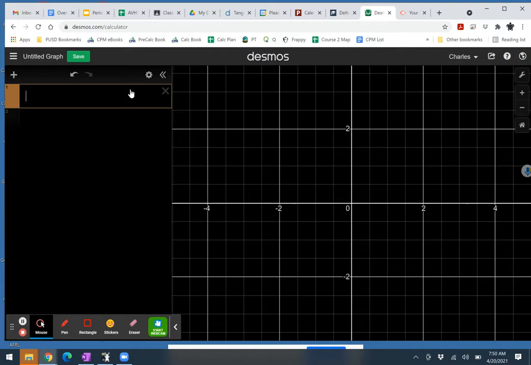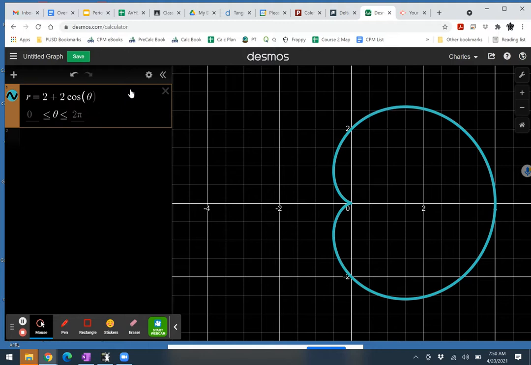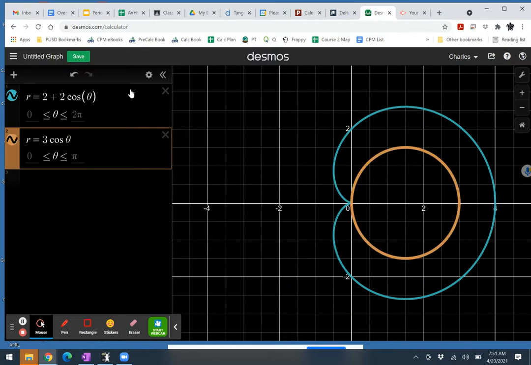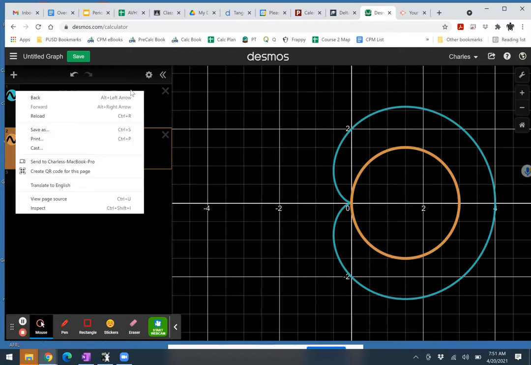let's say r is equal to 2 plus 2 cosine theta. And let's see, r is equal to 3 cosine theta. Let's change that.